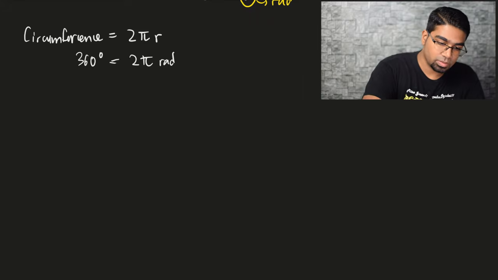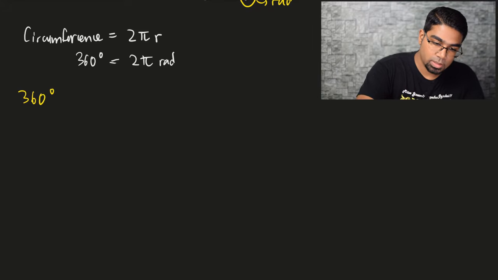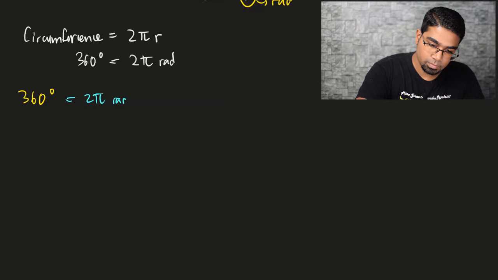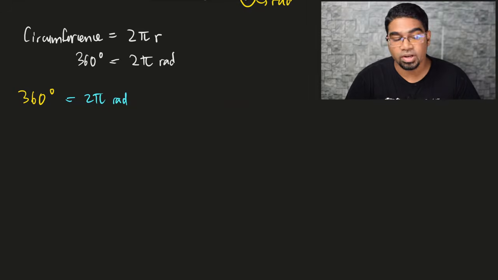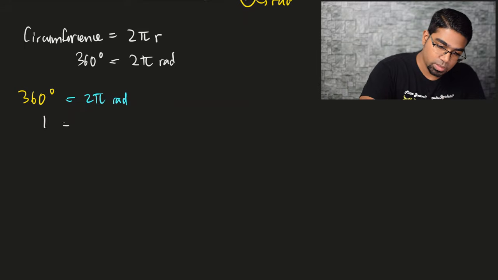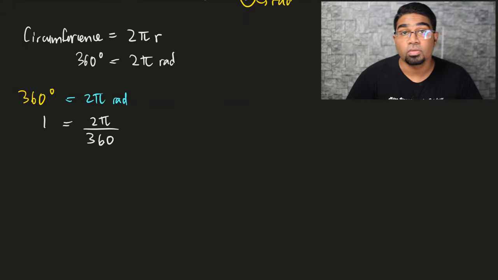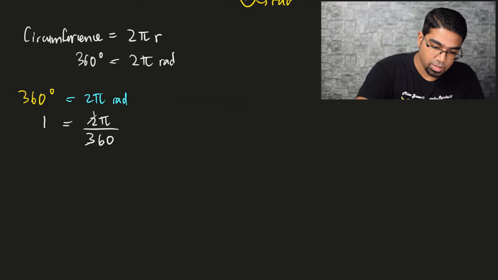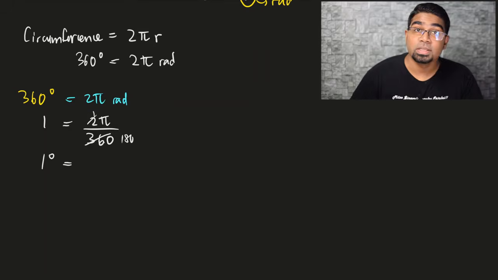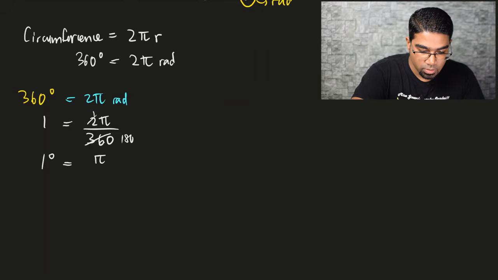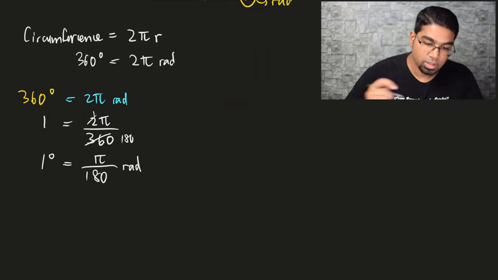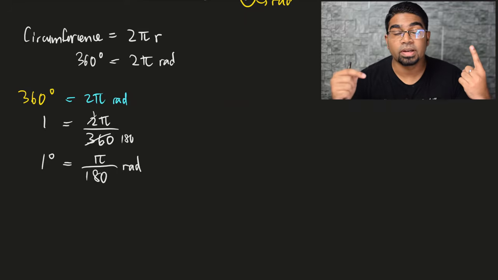Let's start with degrees. So 360 degrees is equal to 2 pi radians. If we divide both sides by 360, we get 1 equals 2 pi over 360. Of course, we simplify this, so 1 degree is equal to pi over 180 radians.